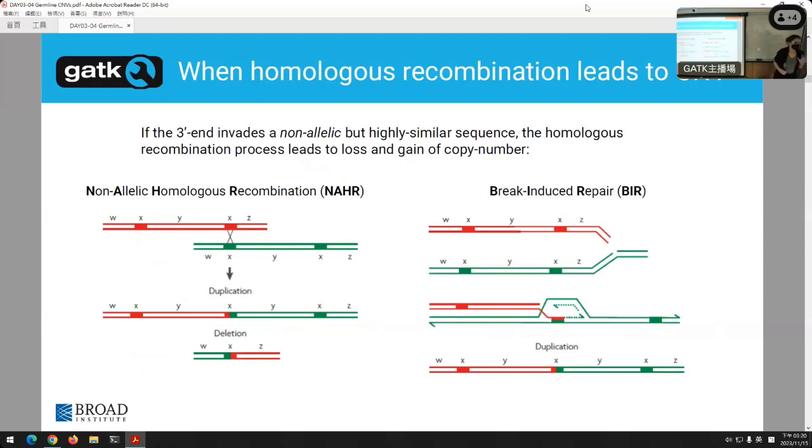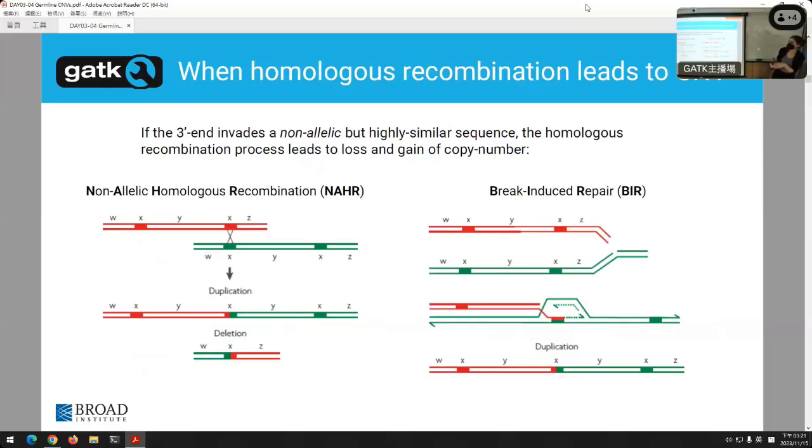And if there's a double-stranded break near one of those X's, it goes to find the other copy of the chromosome to use as a template, but it actually finds the wrong X. And so when we go through the homologous recombination process using that as a template, you actually end up with copy number changes.